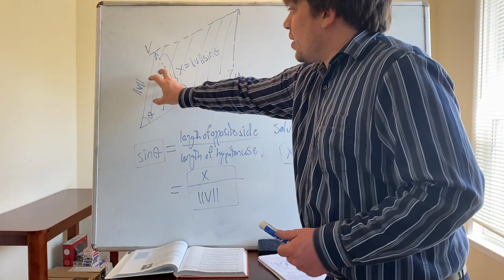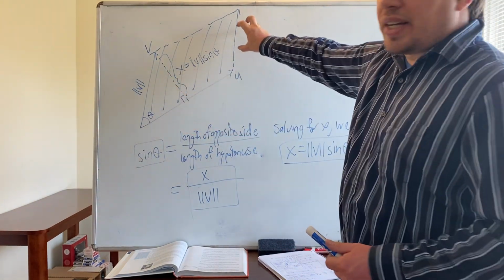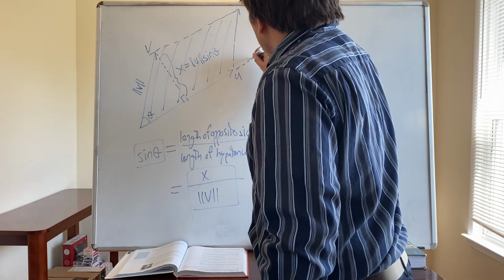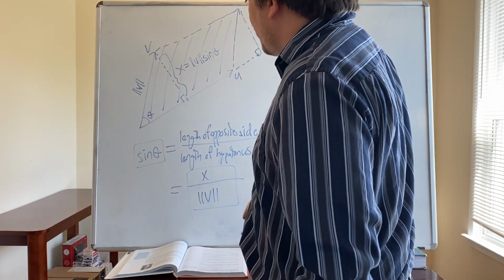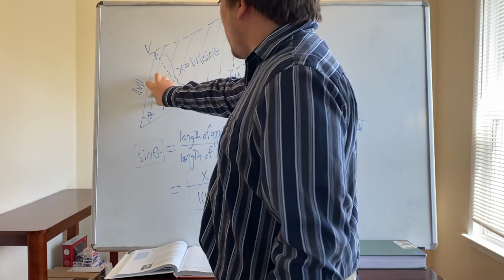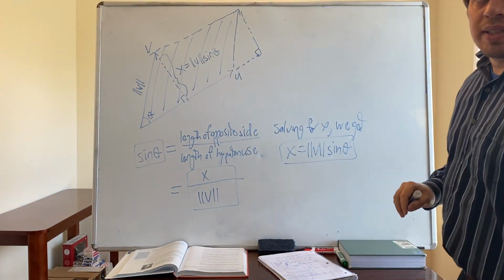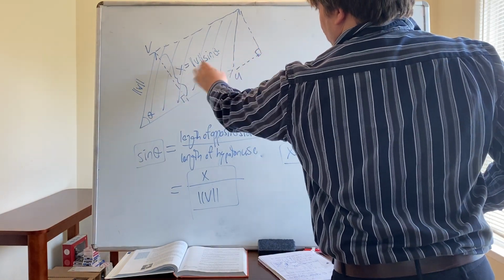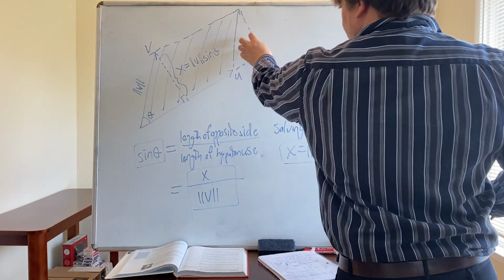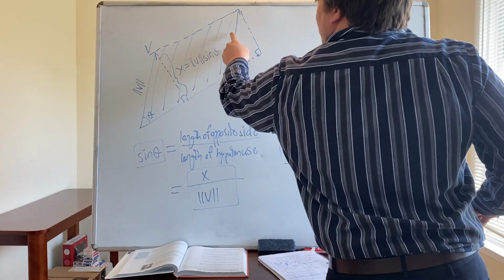If you take this triangle and move it to there, just visualize that in your mind. You move this triangle from here to here. It's not drawn perfectly; I had to stay on the board. The length of this is the length of that.